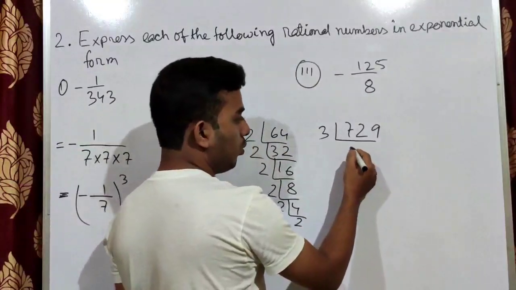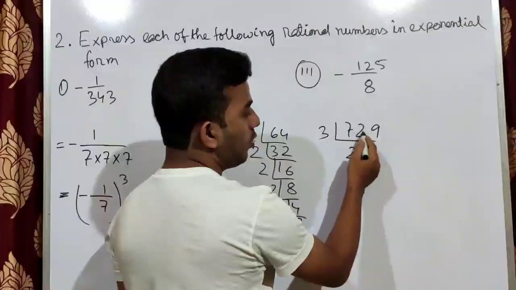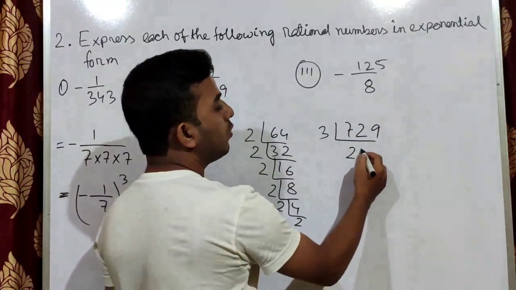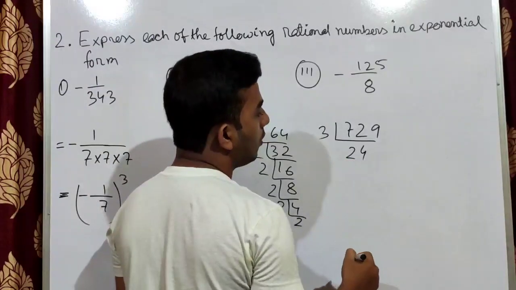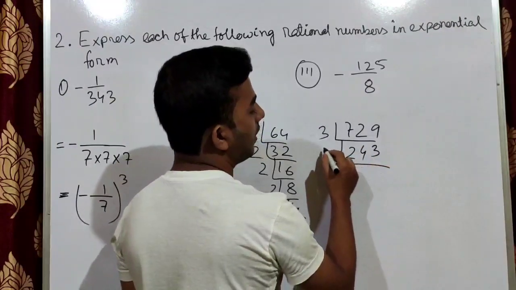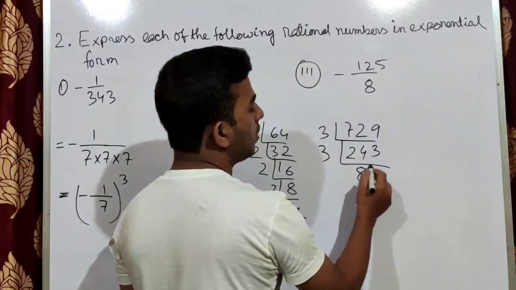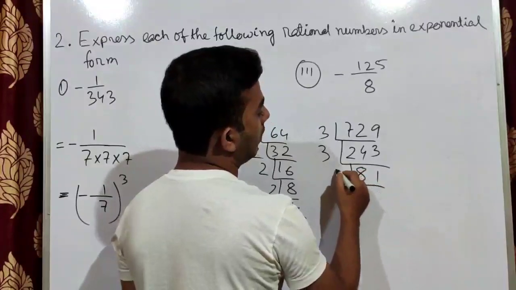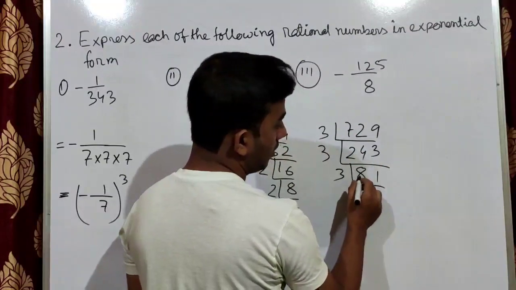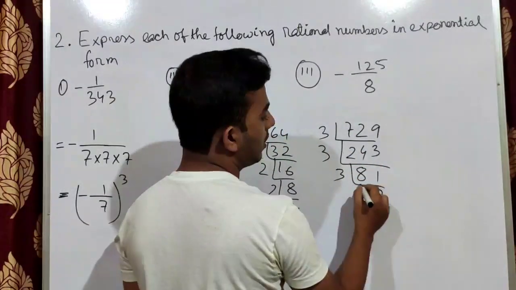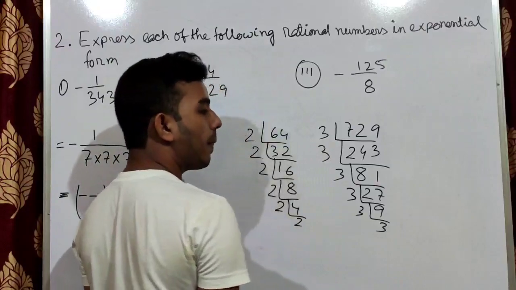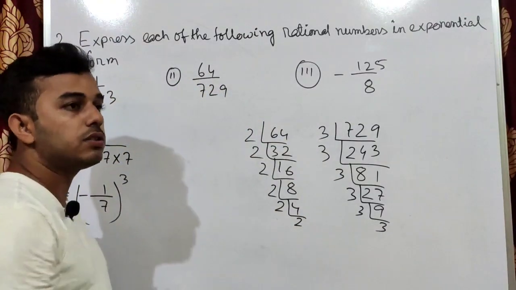That means 3 into 243 is 729, then 3 into 81, then 3 into 27, then 3 into 9, then 3 into 3. Up to this clear? We have just found out its factors.